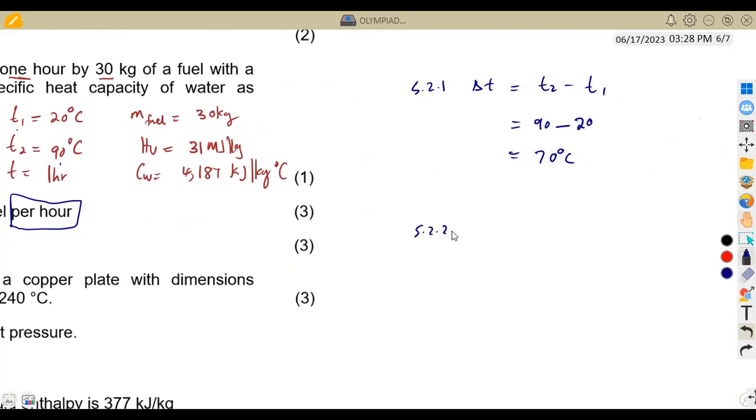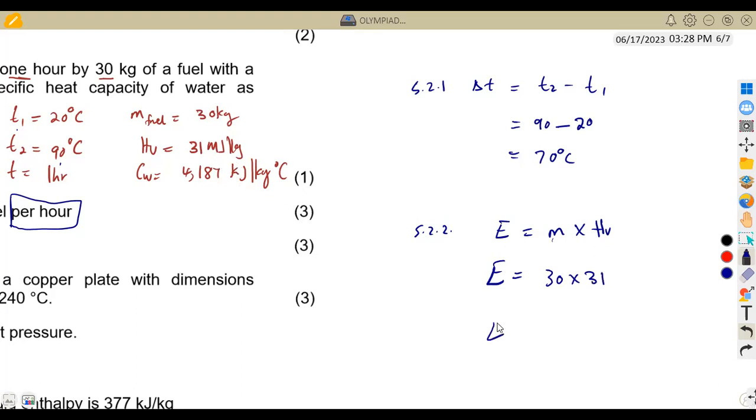So for 5.2.2, we need to calculate the energy, which is given from our formula sheet as the mass times the heat value. Take note, this is the heat for the fuel, so you're going to use the mass of the fuel. So E is going to be equal to the mass of the fuel, which is 30 kg, times the heat value of that fuel, which is 31 megajoules per kg.